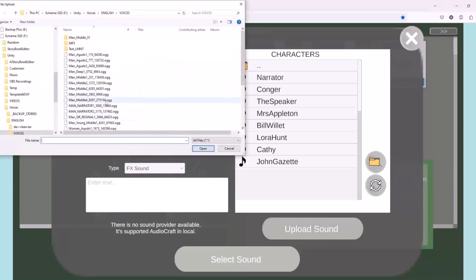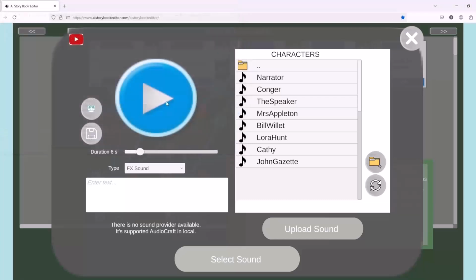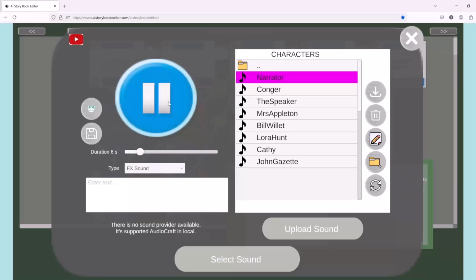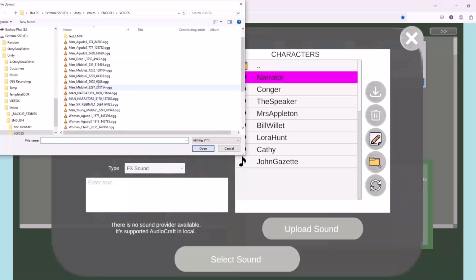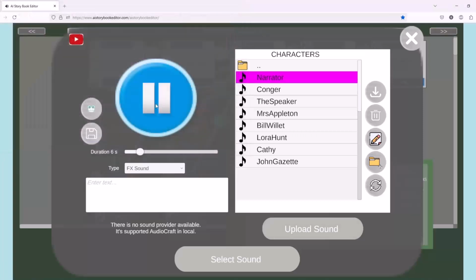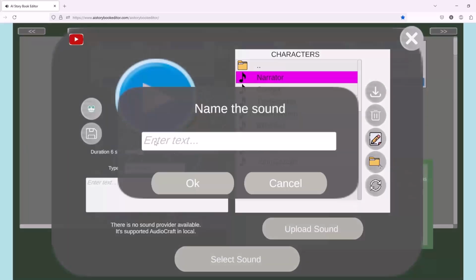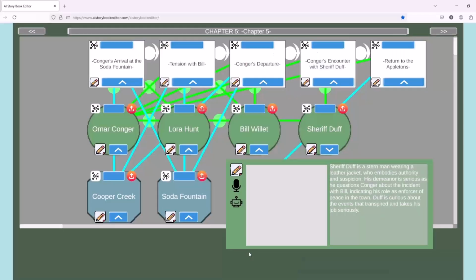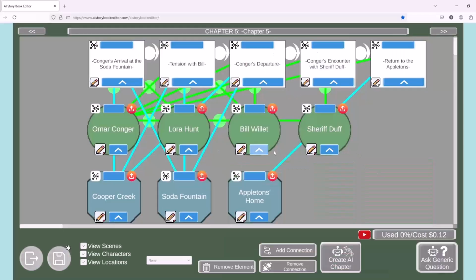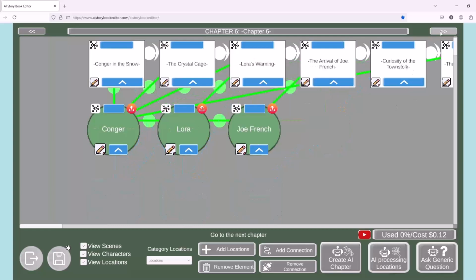Okay, let's go. No, we are using already this one. Let's go with this one. Okay, sheriff. Let's complete the assignation of the voice of the sheriff.